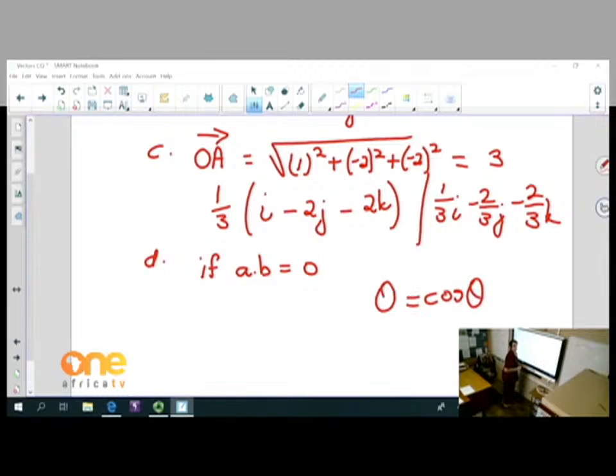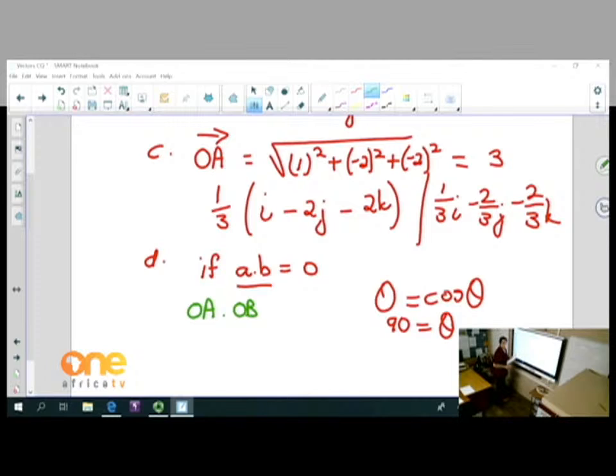So if you press the calculator, second function cosine, then we get that theta is 90 degrees. So you don't need to work with the whole formula. We're just going to work with A dot B. And this is OA dot OB, because that's the angle we want to find, that O is 90 degrees.